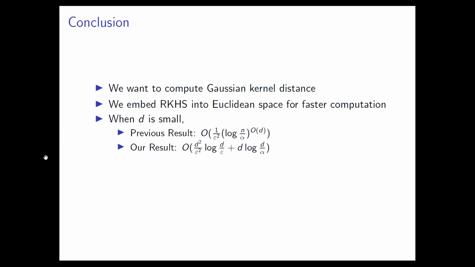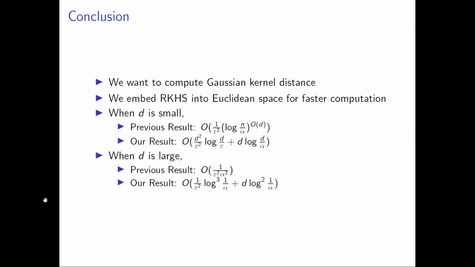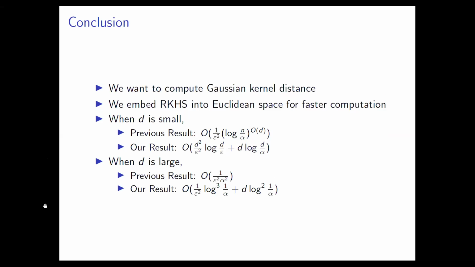And our result is d squared by epsilon squared log d by epsilon plus d log d by alpha time. When the dimension d is large, the previous result is 1 over epsilon squared alpha squared time. And our result is 1 over epsilon squared log cubed 1 over alpha plus d log squared 1 over alpha time. Thank you.